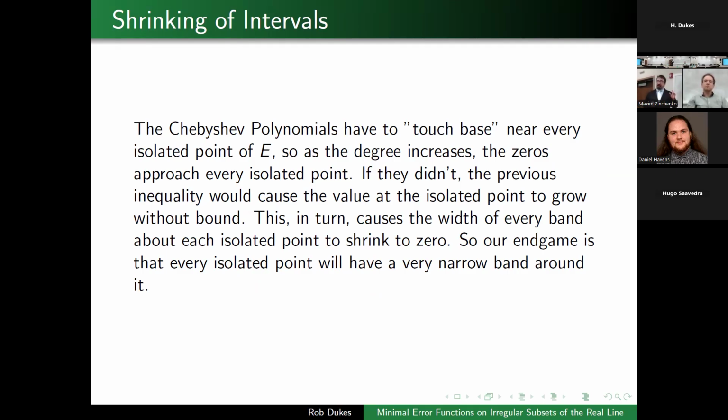And what happens there then is every band starts to get narrower and narrower. So our end game is that every isolated point will have a very narrow band around it where it quickly goes from the minimum to the maximum, and then possibly overshoots in between the isolated points.